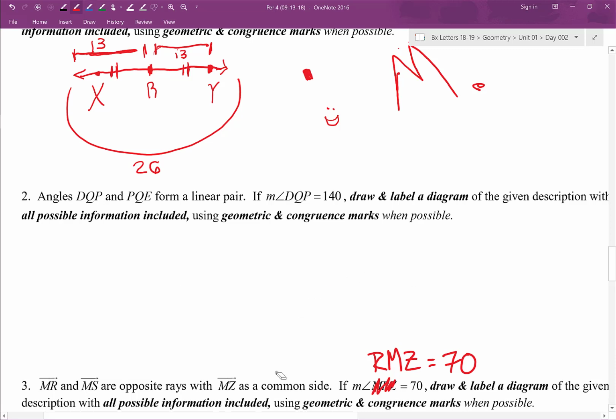No, that's Q. Oh no, yeah, P would be. You're gonna have to figure it out. DQP equals more than this. Should have drawn it the other way. It doesn't matter. Finally drew it right. Too much drawing. Finished.